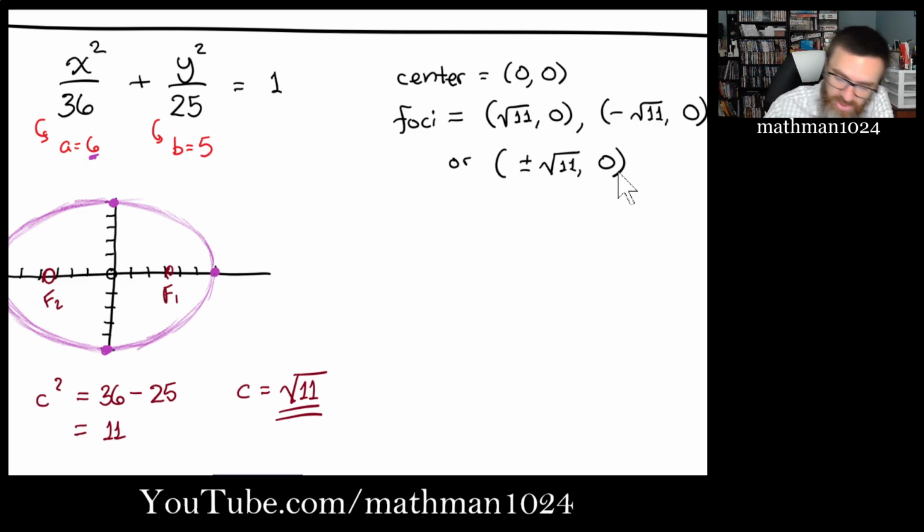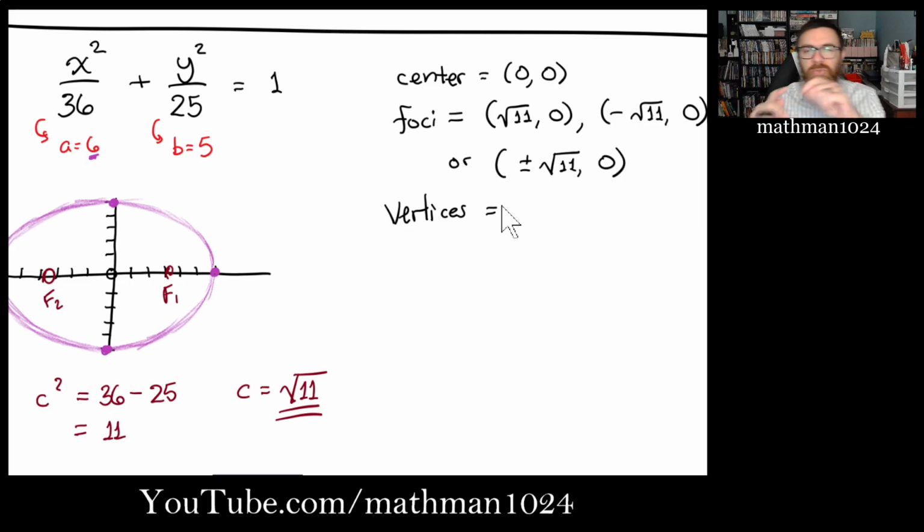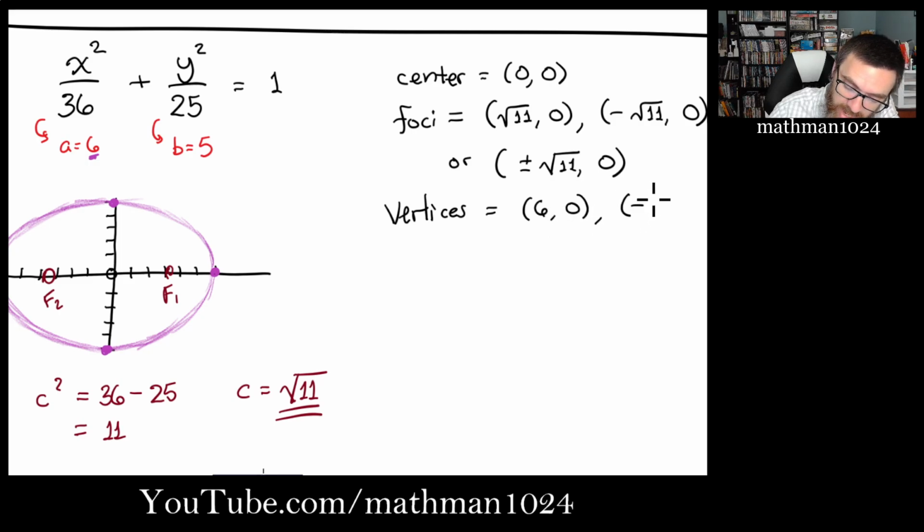Let's talk about the vertices. So the vertices are going to be those ordered pairs that are in the stretched out direction. In this case, it's going to be in the x direction by 6 units. So it means one of these guys is going to be 6, 0, and the other guy is negative 6, 0.